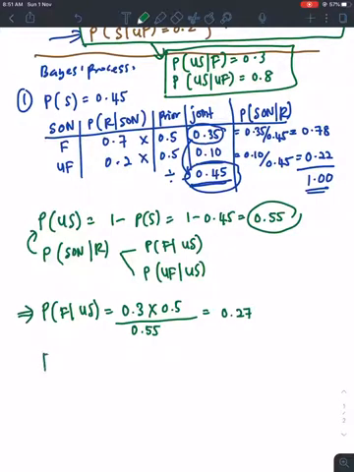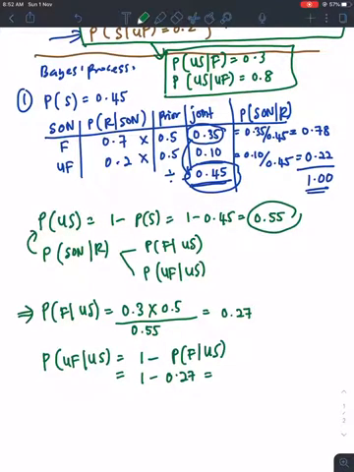And then, P unfavorable given unsuccess equal to 1 minus probability favorable given unsuccess. So, 1 minus 0.27 equal to 0.73. So, dapat dah probability of posterior. Yeah, so kita ada semua probability of posterior.